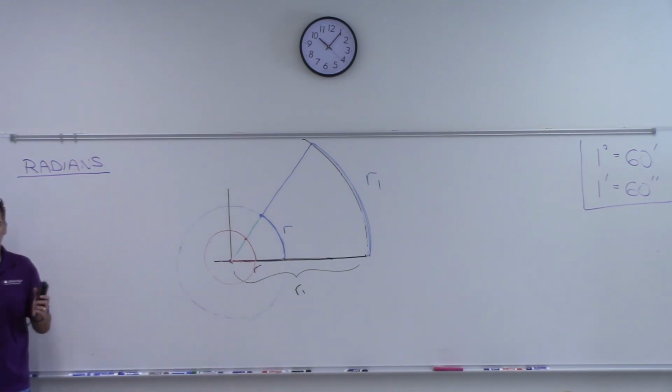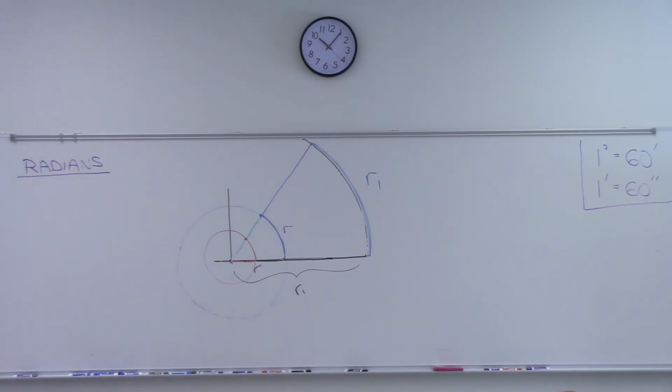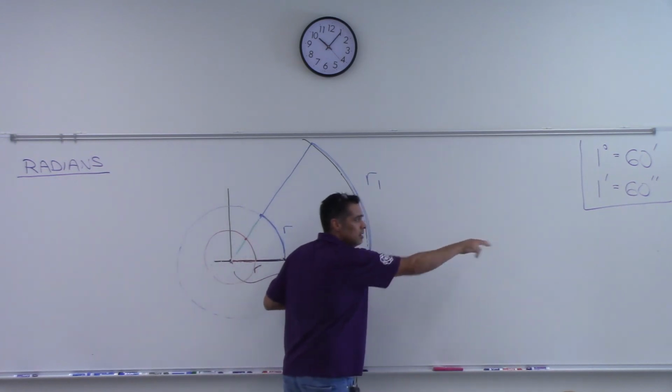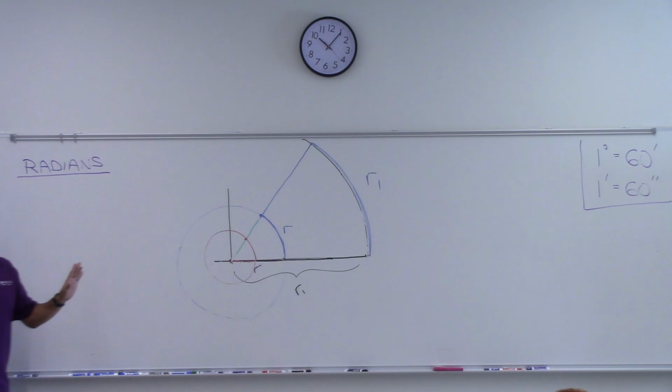We should call it something. Maybe we should name it, because this works for any distance you ever go. No matter what: go out 1 foot, 2 feet, 10 feet, a mile. Draw a circle, go that same distance around the circle. We're all talking about the same angle. Let's call it a radian.